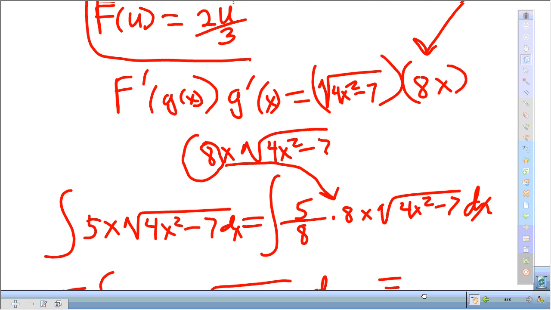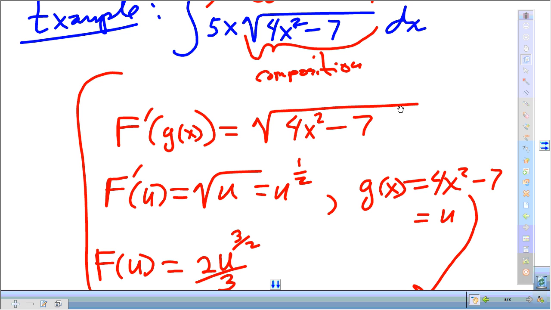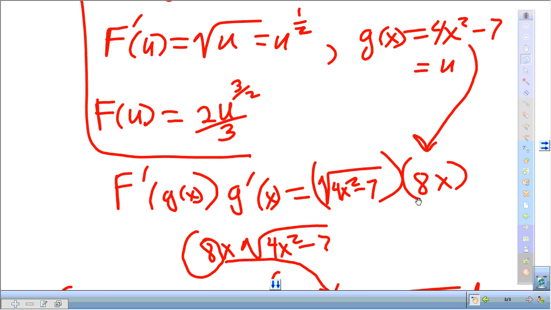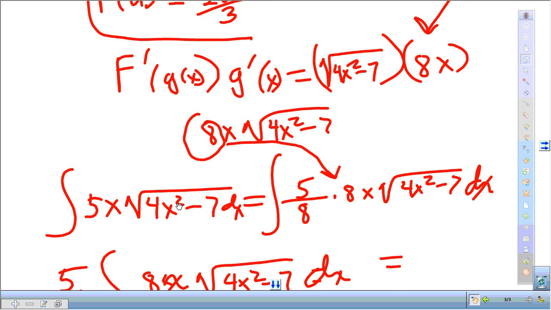So it's my attempt at finding an antiderivative. I make that my composed piece, which then tells me what the g of x is and what its g prime is. And then I look: is that equivalent to what I started with? It might be off by a constant coefficient, which I can compensate.